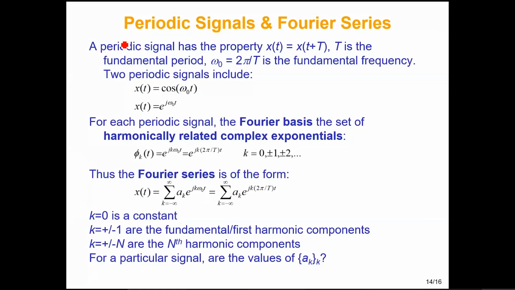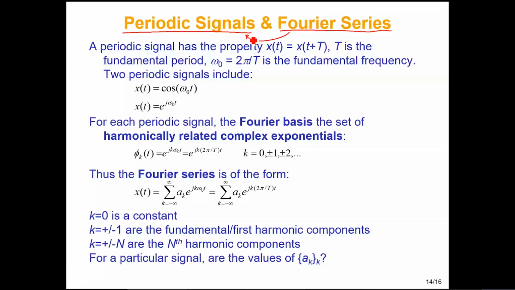The theory started by Fourier actually talks about a periodic signal first. The theory that Fourier gave us was the theory of Fourier series, and initially it was applicable for periodic signals.